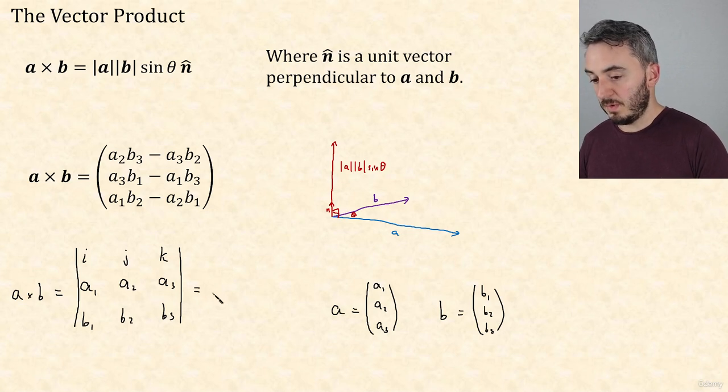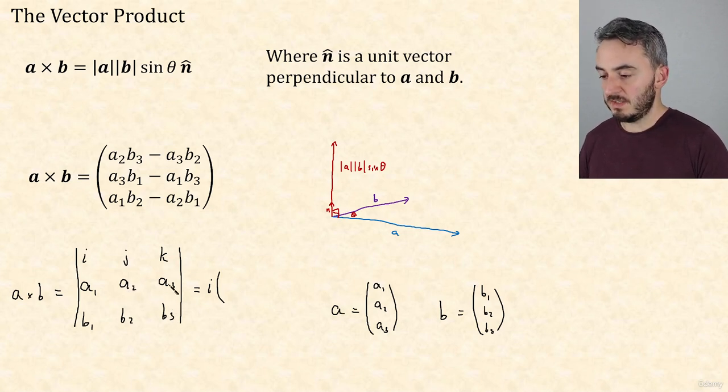Because look what happens when we do that. We have i multiplied by the determinant of the little submatrix here, which is A2B3 minus A3B2, which is exactly what we have here.